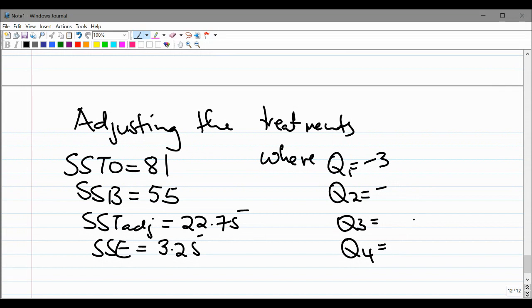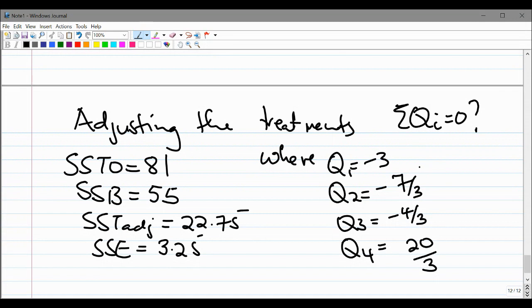Yeah, it's minus 7 over 3. And then the third one, I think you said minus 4 over 3, and this one is 20 over 3. And then the condition holds, right? Is the summation of Qi equal to 0? Now we have this information, leaders.